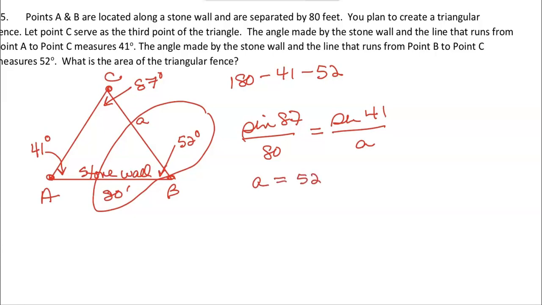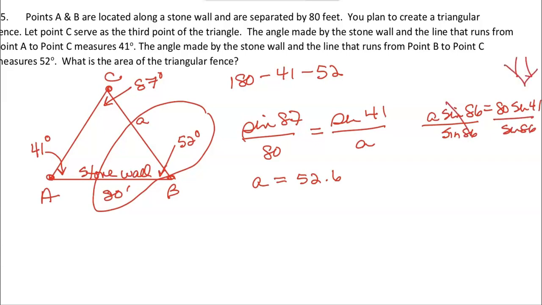equals 52.6. So just to show you how to do that, you would say A times the sine of 87 equals 80 times the sine of 41. You would then divide both sides by sine of 87. That cancels.